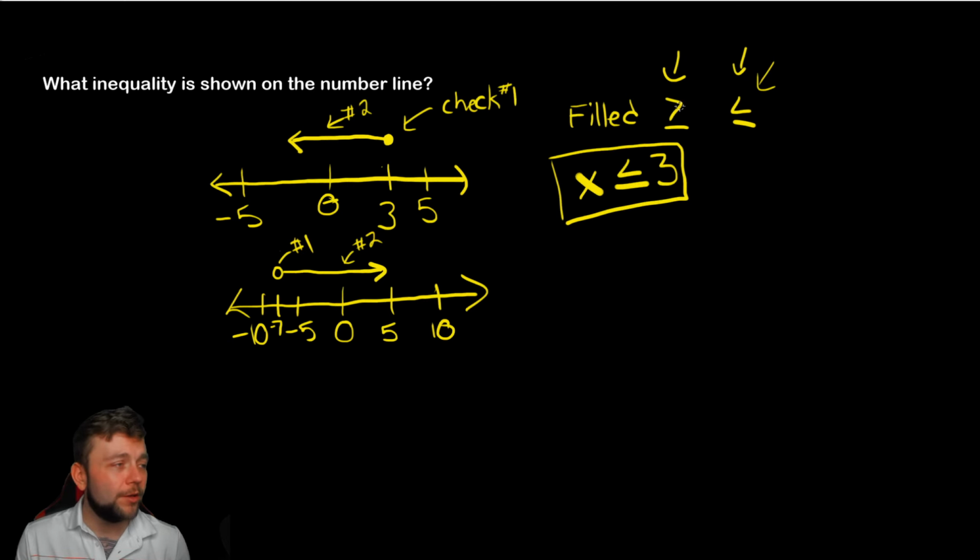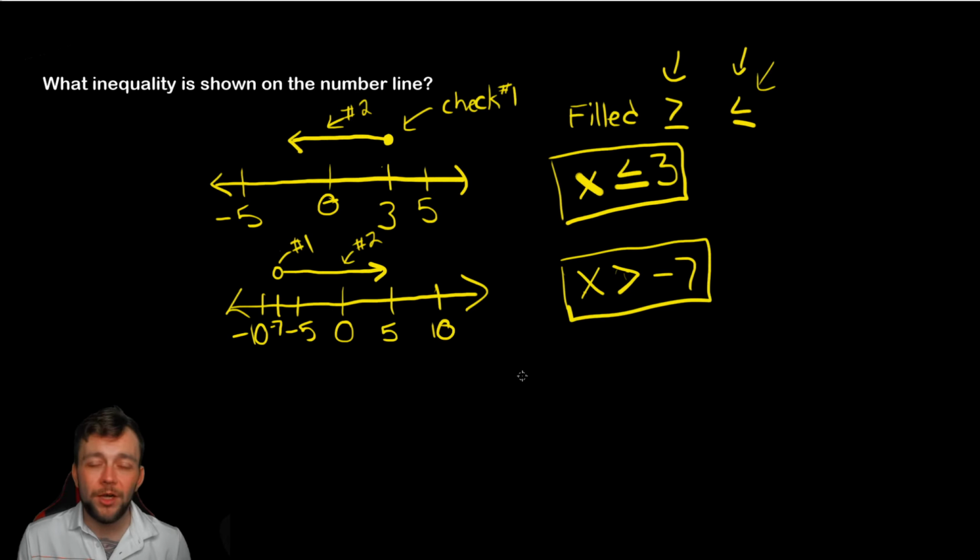So is that greater than or equal to, or just greater than? Can we be that -7? We cannot. So we just write it out as x is greater than -7. We can't be -7. We can go ahead and put a circle around that one, and we're good. We're good to go.